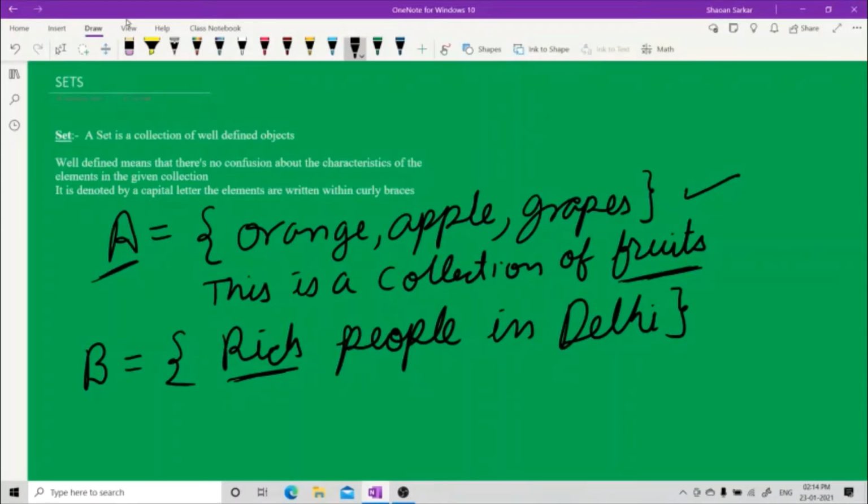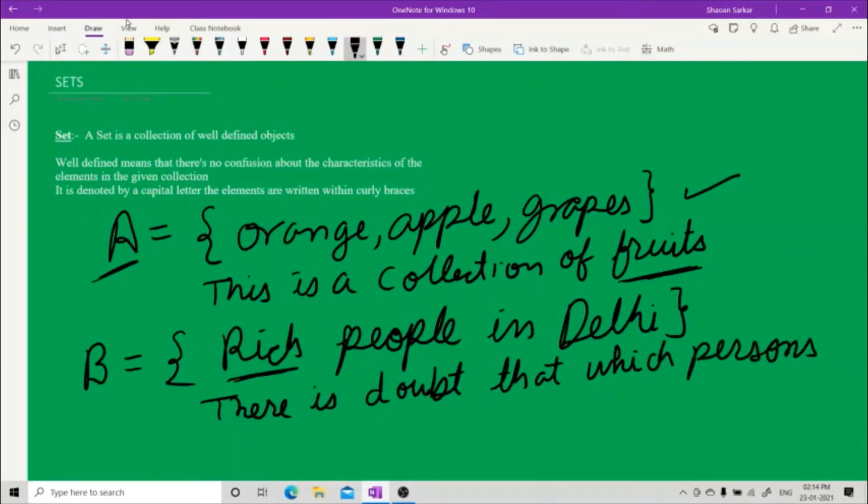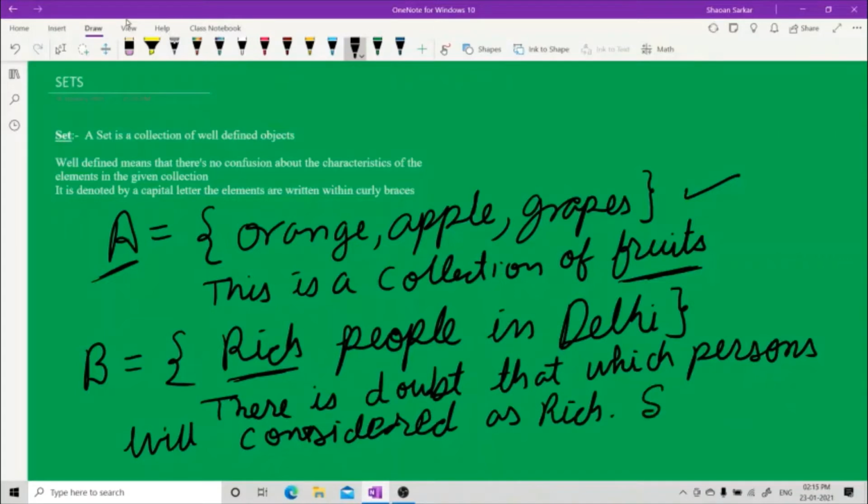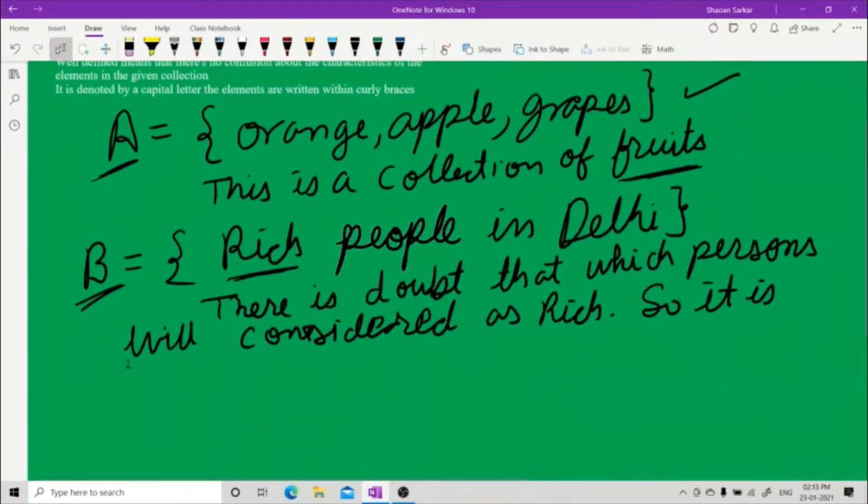But there is always a doubt about which persons will be considered as rich. So this B is only a collection.